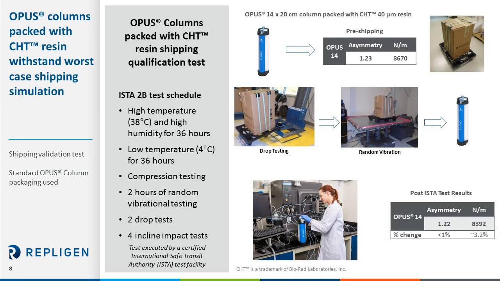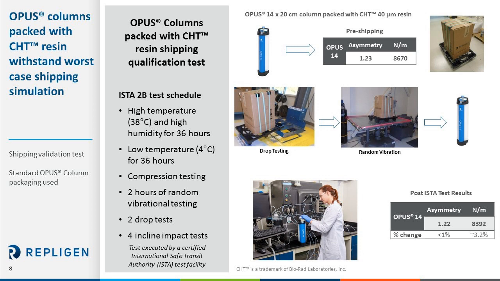Now, the most interesting piece about packing CHT columns is the shipping. We subjected OPUS columns pre-packed with CHT to our normal shipping test, which is outlined here. It's an International Safe Transit Association test, or ISTA test.